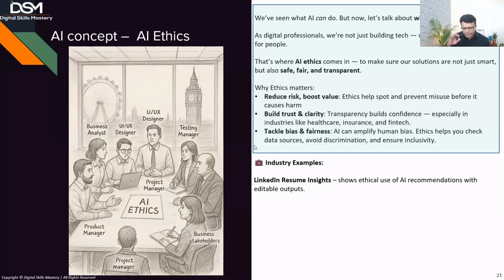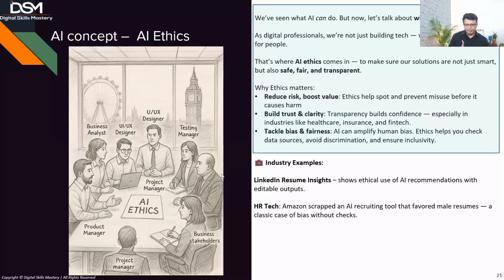So, number one, the example to highlight here is LinkedIn Resume Insights. It shows ethical use of AI recommendations within editable outputs. In HR tech, there was an example where Amazon scrapped an AI recruiting tool that favored male resumes, a classic case of bias without checks.